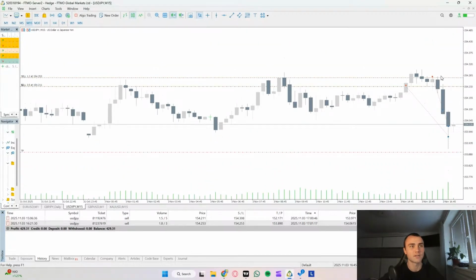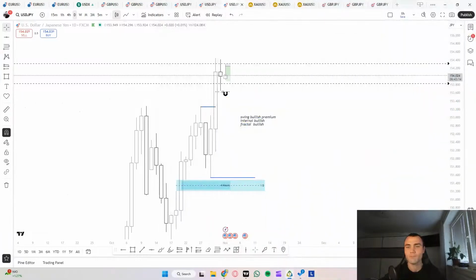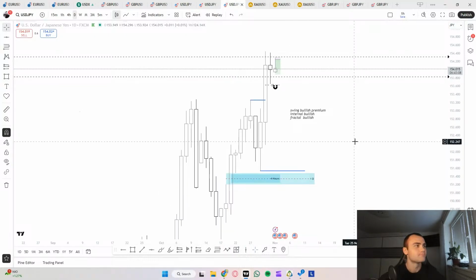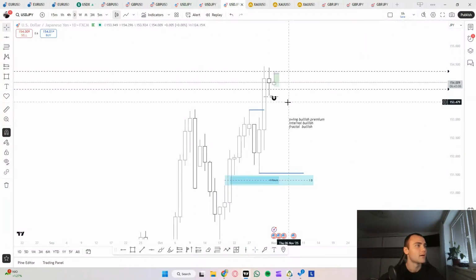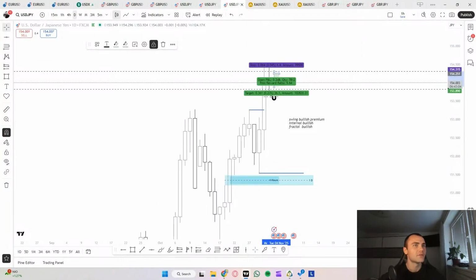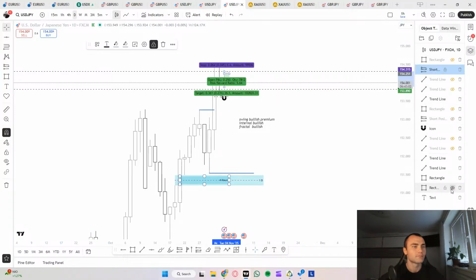Now I adjusted the stop loss and I have taken some profits, but the idea is that both trades are real. So let's dive into the second one.